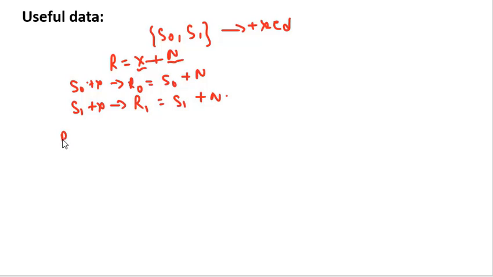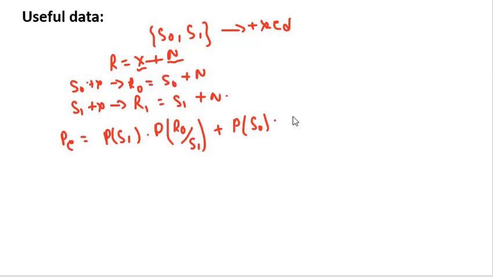And the probability of error will be given by P of E is equal to the probability of transmitting the symbol S1 multiplied by the probability of received symbol as R0 given that S1 is transmitted, plus the probability of symbol S0 is transmitted into the probability of received symbol as R1 given that S0 is transmitted.